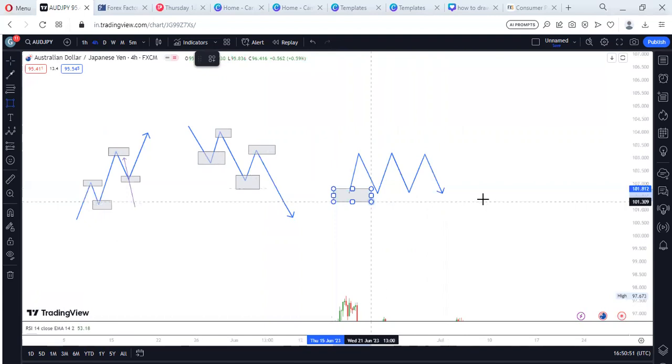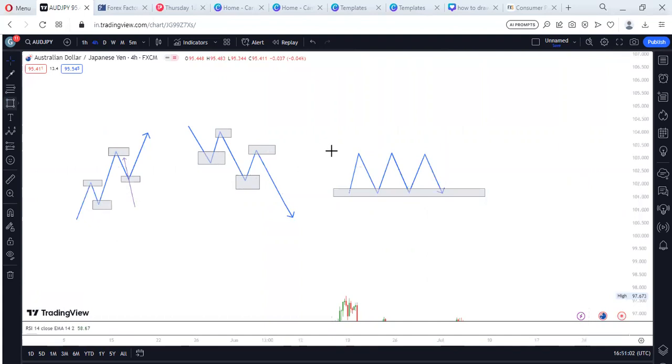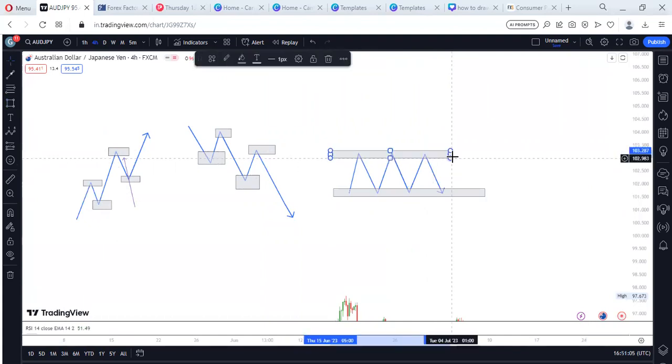Like the price might move from maybe 101.5 to maybe 100.3, something like that. It just keeps moving up and down, up and down. And this one market is creating higher lows and higher highs. This one market is creating lower lows and lower highs.